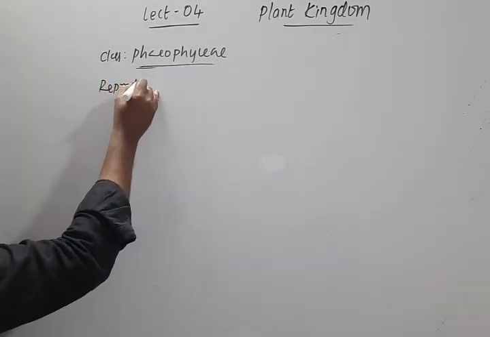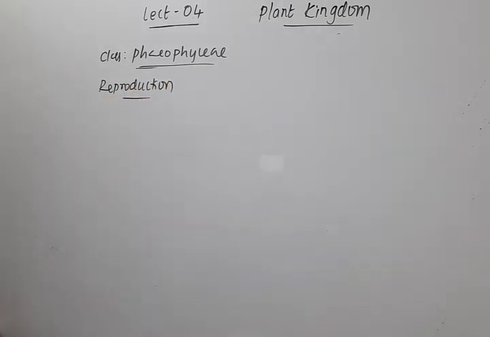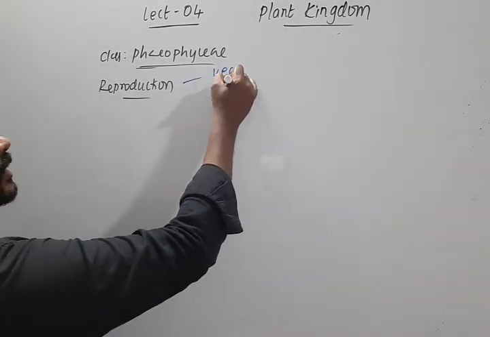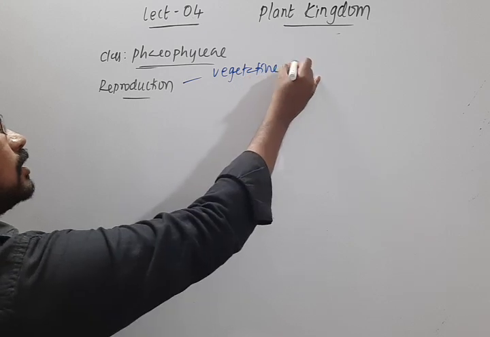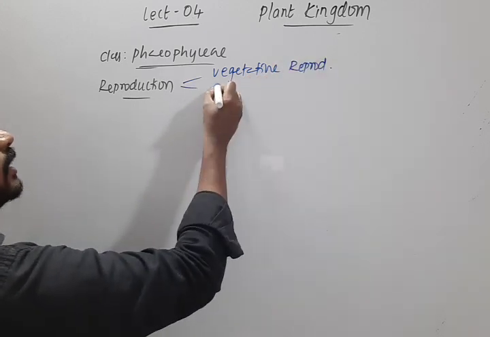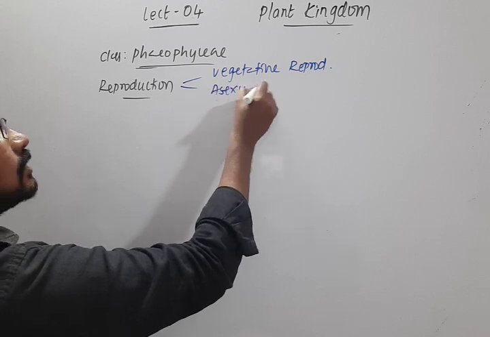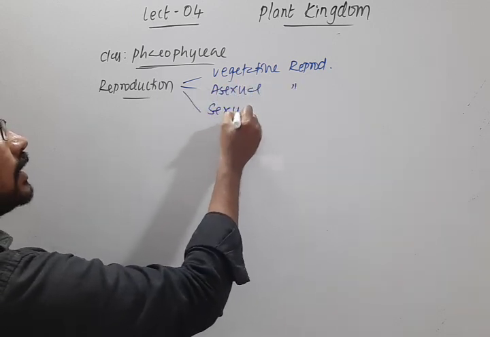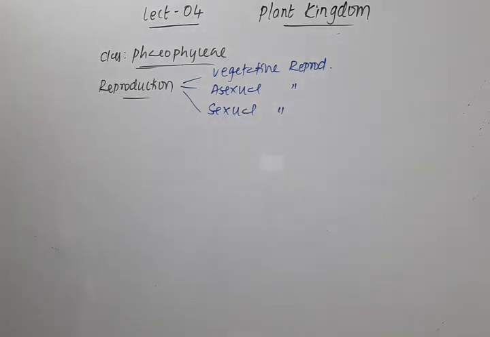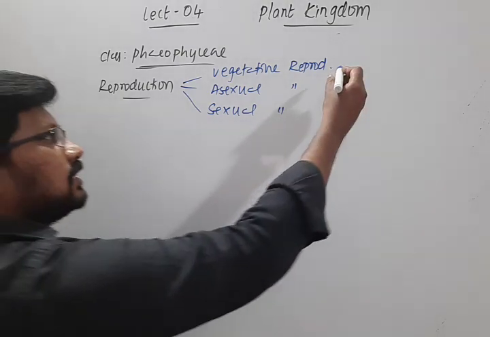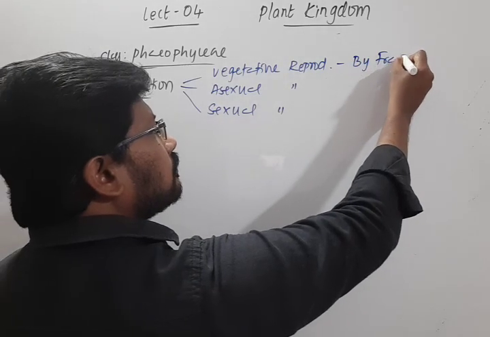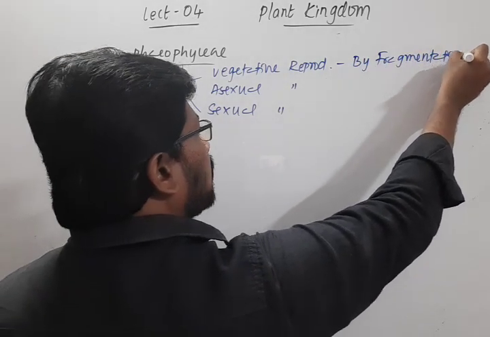These reproduce by three methods: vegetative reproduction, asexual reproduction, and sexual reproduction. And we know the vegetative reproduction is by fragmentation.